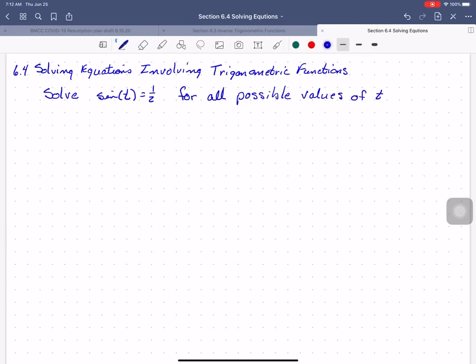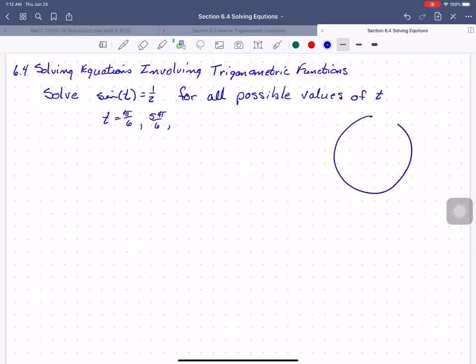Okay, we know that t, the angle that has a sine equal to 1/2, is pi over 6. But we also know that from our unit circle, the sine of 5 pi over 6 is 1/2.